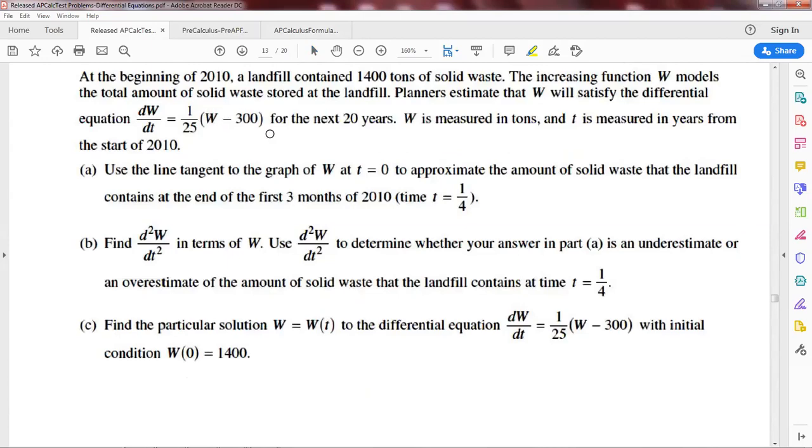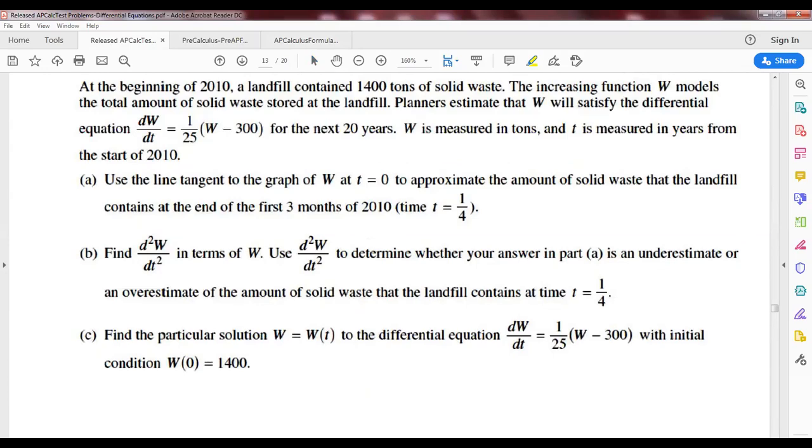dW/dt equals 1/25 of W minus 300, and then you say find the second derivative, use the second derivative, right? And then find a particular solution to the differential equation with the initial condition. Because we are almost at 12, I would like you to try part C. It's practically the same we did before. So let me just write it right here. And then tomorrow we do the other 2 questions, correct?